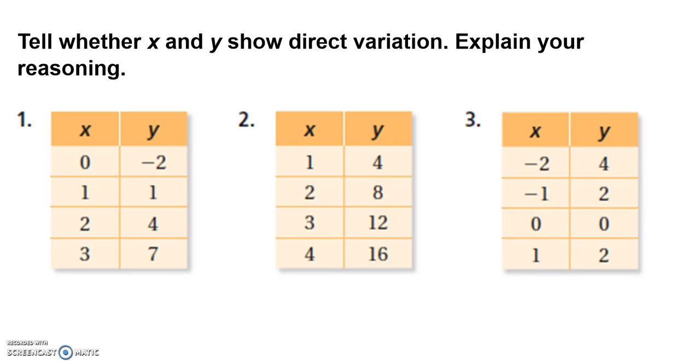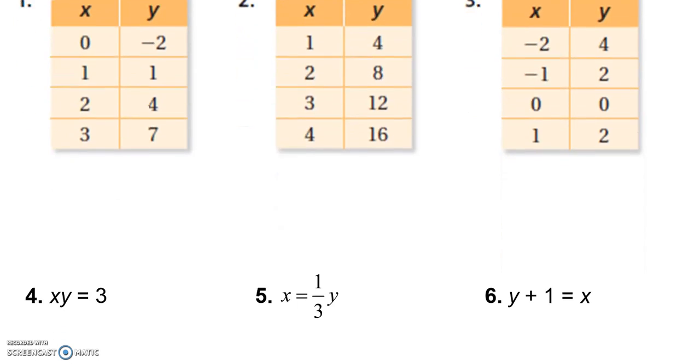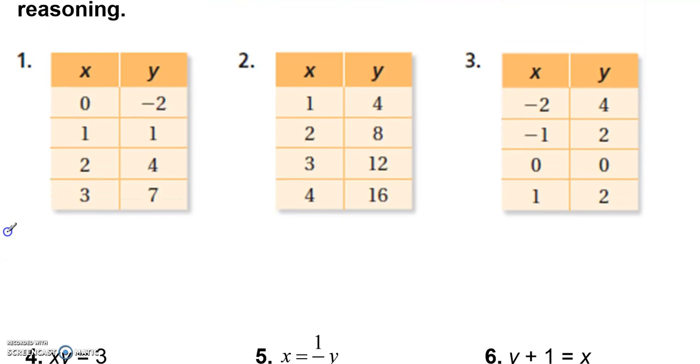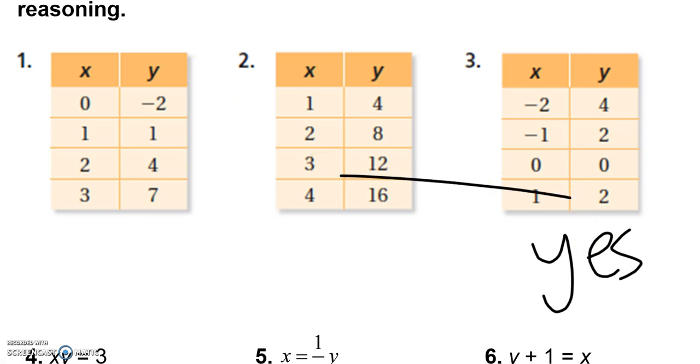Tell whether x and y show direct variation. Explain your reasoning. I know that this one doesn't, because it doesn't pass through the origin. I know that this one does because you have that (0, 0). It's going to pass through the origin.